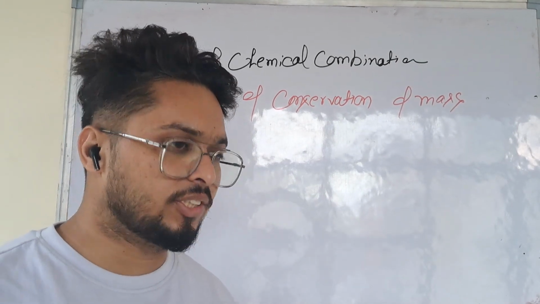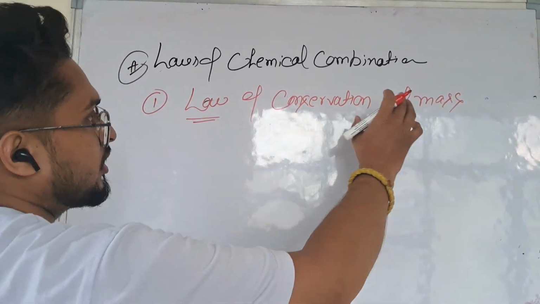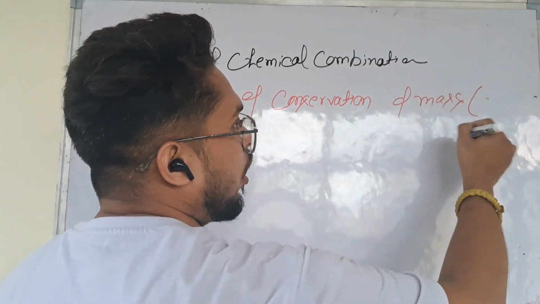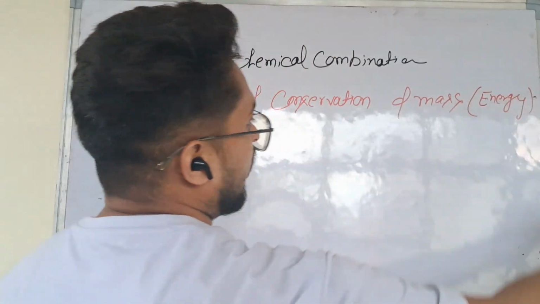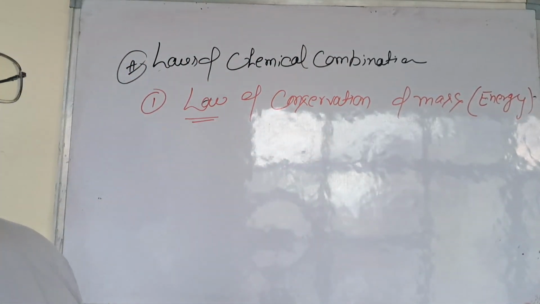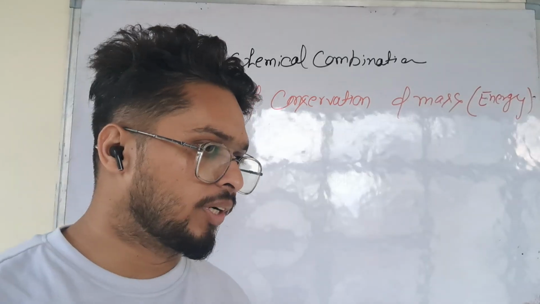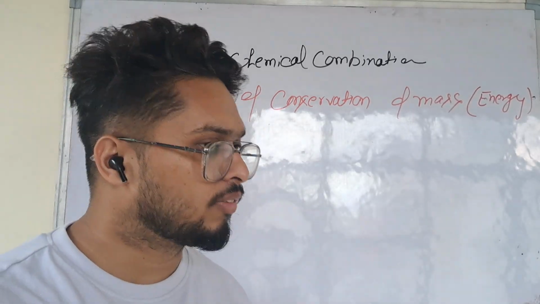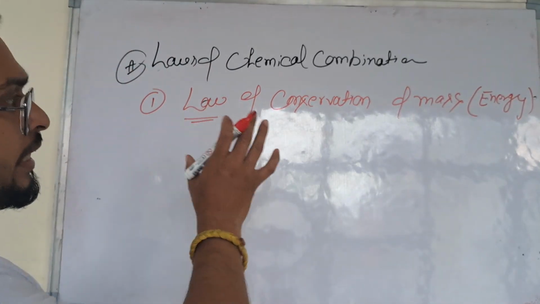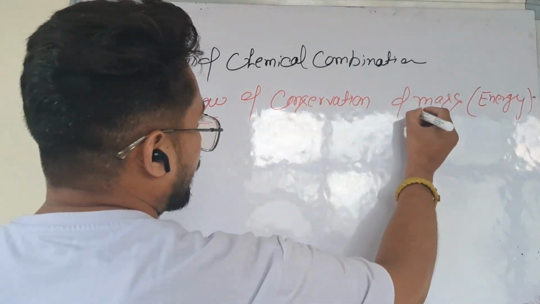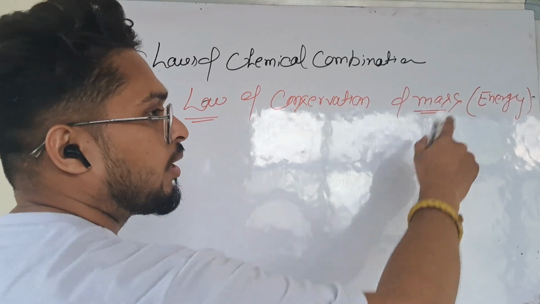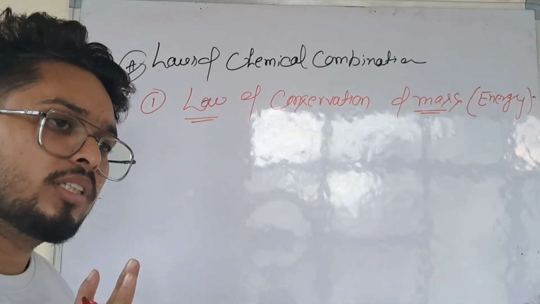That is the law of nature. This law is somehow similar to the law of conservation of energy. As we know, the energy of a system can be neither created nor destroyed, it can be changed from one form to another. Similarly, in a chemical reaction, the mass of the reactant as well as the mass of the product does not change.